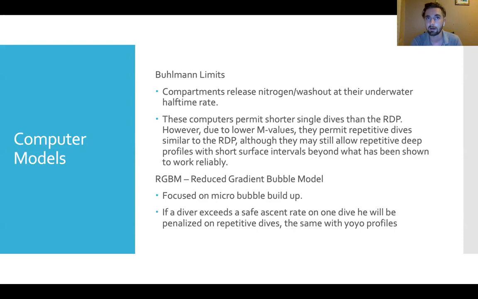So actually, depending on how deep you are when you're ascending, the computer might insist you go slower than at other depths. With the RGBM models, which are your Cressis, your Maras, your Suuntos, they normally have a maximum ascent rate of 10 meters per minute. So there is a lot more conservatism within the newer models based on findings and updates that are happening in the dive industry.